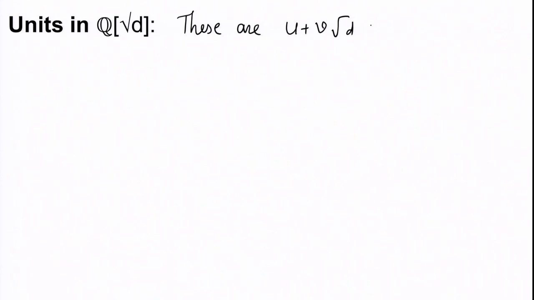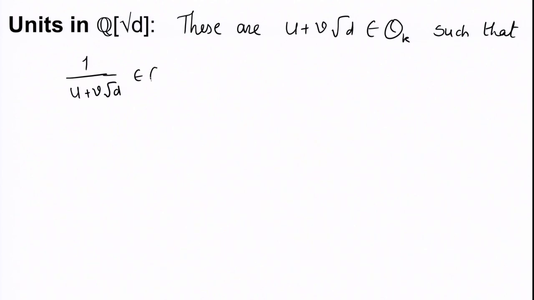So, these are u plus v root D in OK such that 1 upon u plus v root D is also in OK. These are the elements that we want to compute.